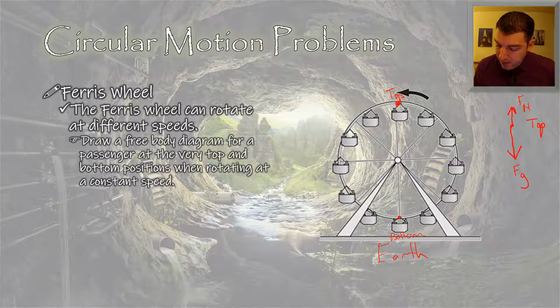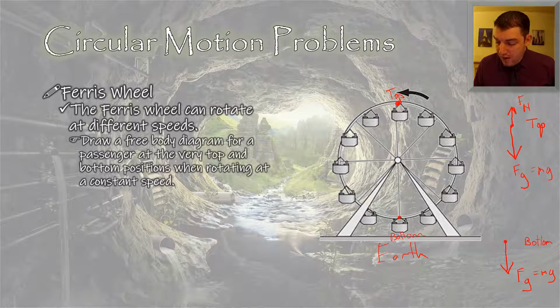When we look at the bottom, we still have the force of gravity straight down towards Earth. And the force of gravity is the same. It can't increase or decrease. It's a constant unless we change the passengers, unless we change what the mass is being acted on.